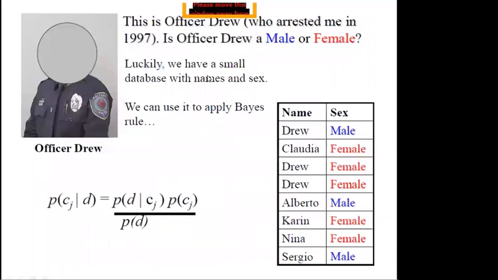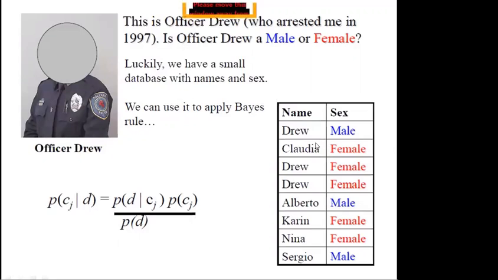So let's do it with an example. There is an officer whose name starts with Drew. Now our task is to find out whether that officer is male or female using Bayes theorem. And we have this data.